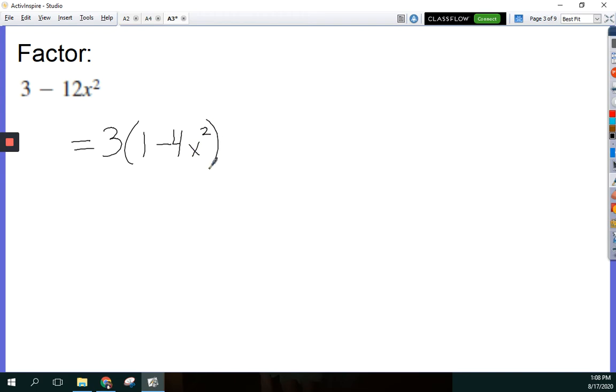Now notice that we have a binomial there. And 1, 4, and x squared are all special because they're all perfect squares. And we do have a special formula for when we have a binomial, they're all perfect squares, and it's subtraction.